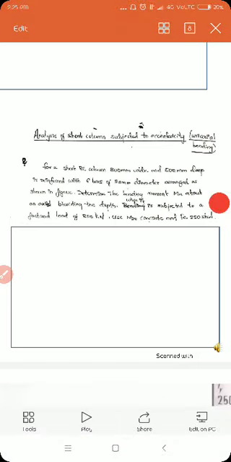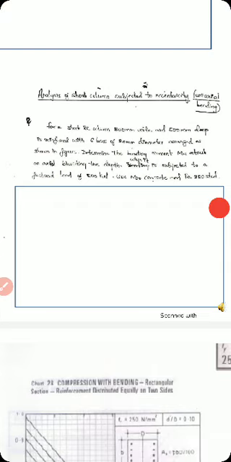So we discuss it with a problem. A short RC column 300 mm wide and 500 mm deep is reinforced with 6 bars of 20 mm diameter arranged as shown in the figure. Determine the bending moment Mu about an axis bisecting the depth when it is subjected to a factored load of 800 kN.